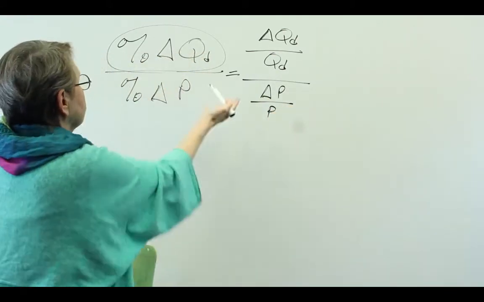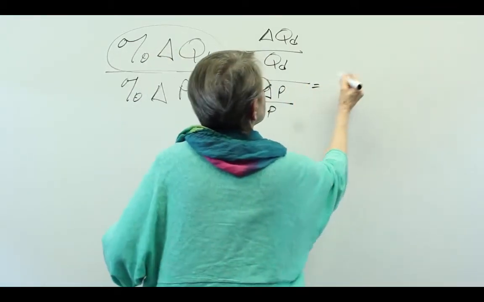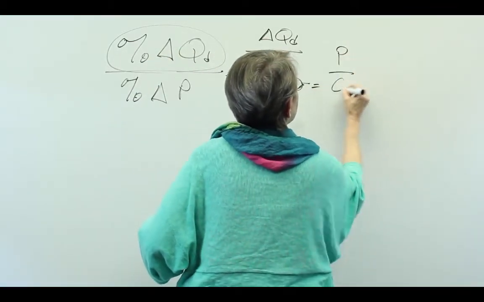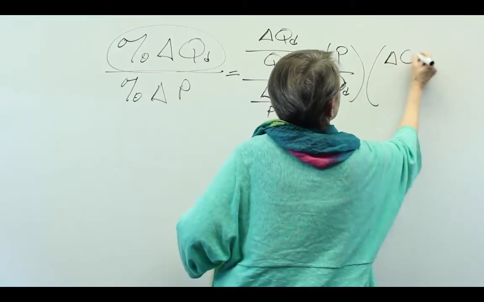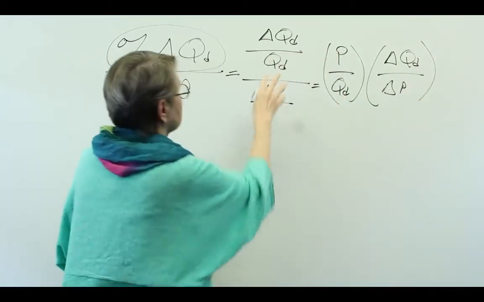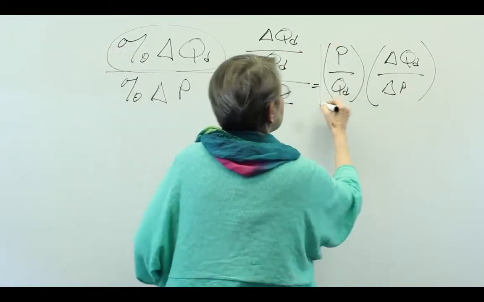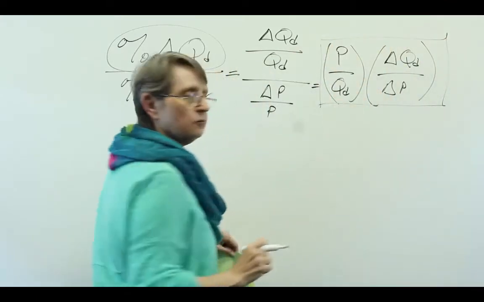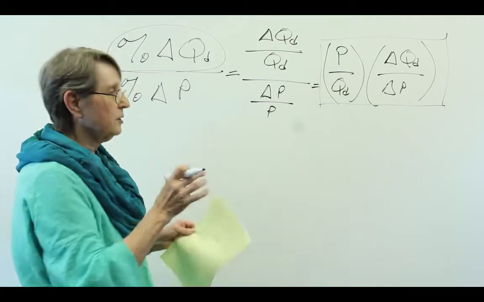So I've just rewritten this. Now you can do the flip over rule: P over Q times dQ over dP. And so this actually is the formula that we use to calculate elasticity of demand.